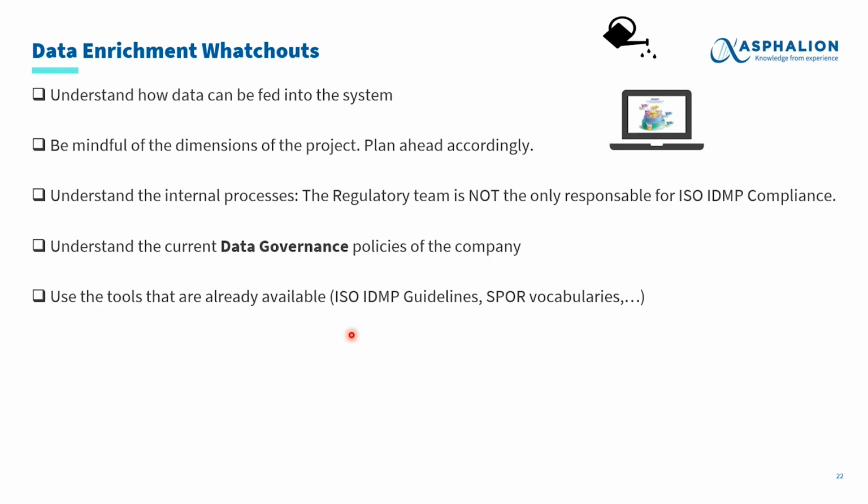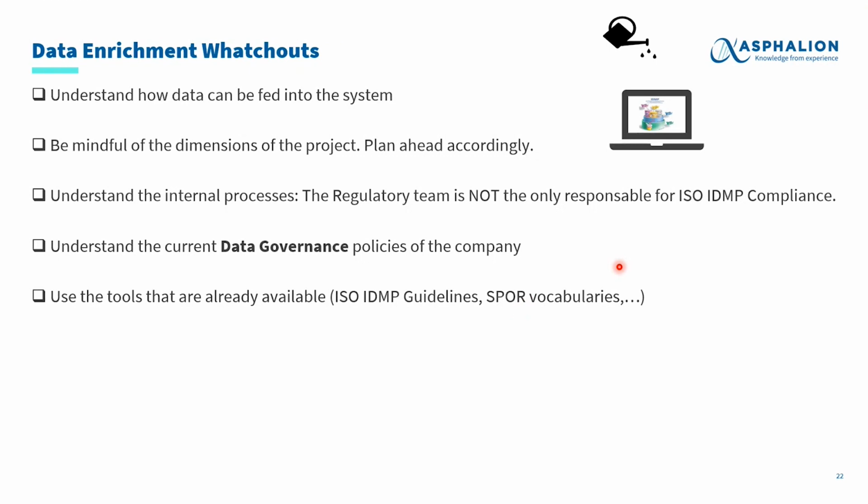And then we also have chapter 8, for example, which has the examples for all these data fields, which at least gives you a hint of how the data will look in real life. And as well, we do not have to forget about SPOR. SPOR contains, in the R and the O, all the controlled vocabularies and organizations that will be used for ISO IDMP.